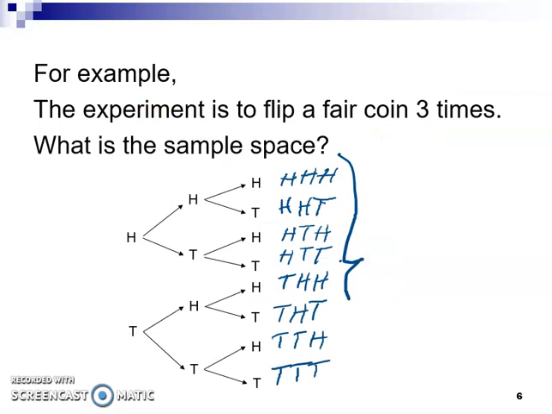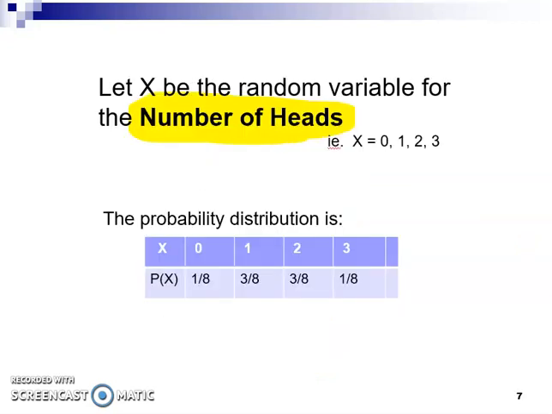In the very first outcome, we've got 3 heads. In this outcome, there are 2 heads. In this outcome, we have 1 head. And in this outcome, there's 0 heads. So the number of heads that are possible could be either 0, 1, 2, or 3. So that's going to be our values of the random variable.